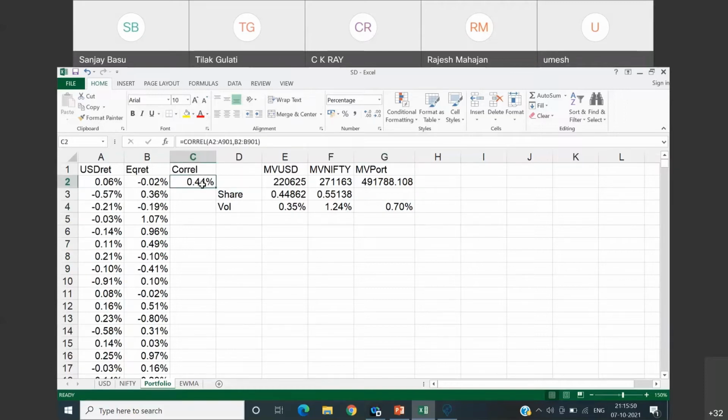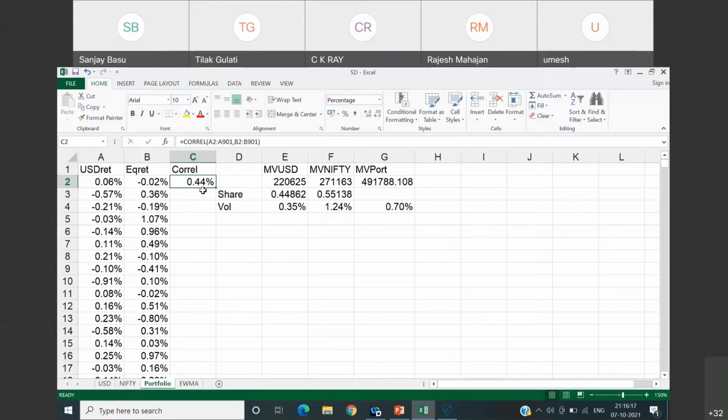The lower the correlation, the more negative the correlation, the higher the diversification benefit in the portfolio. In other words, the lower the portfolio volatility. One instrument shoots up, the other instrument crashes. So the crash in one position is offset by the spike in the other position.